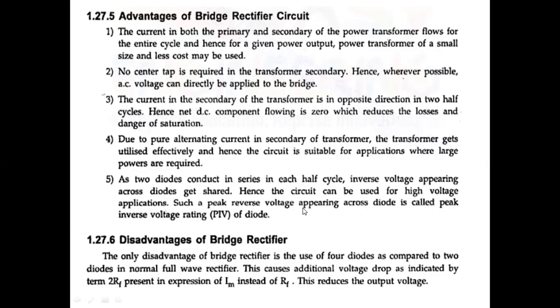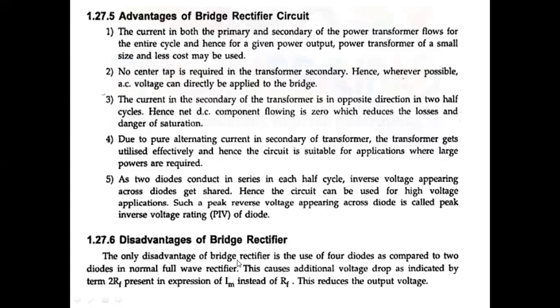The peak reverse voltage appearing across the diode is called the peak inverse voltage, PIV. PIV is also one of the parameters for the diode, and depending upon that we consider the ratings of the diode.